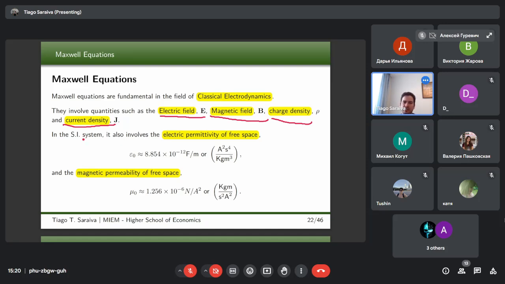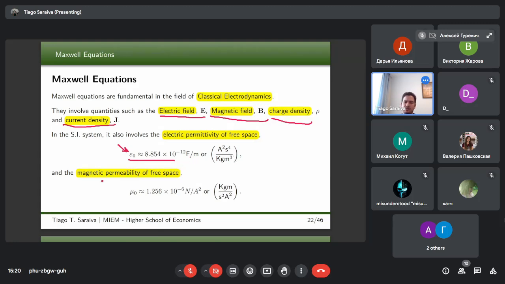Okay, so in the international system of units, this first constant will appear, the permittivity of free space, epsilon 0. Units don't matter much. I will just skip the discussion about units, farad per meter, right?